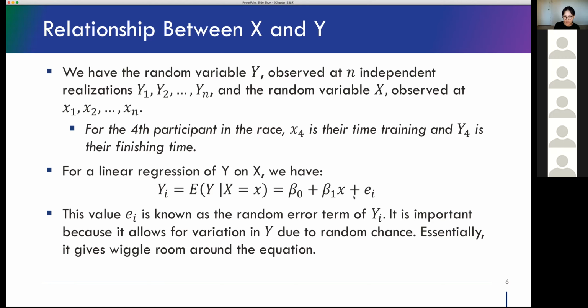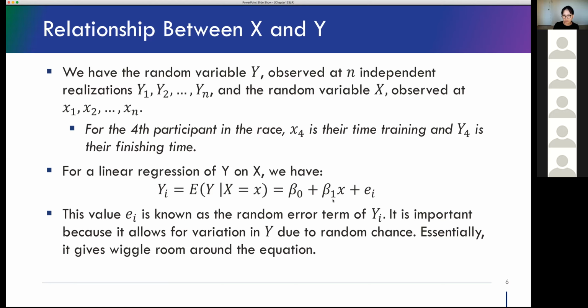So this is a linear function of X. And we have this Ei, which is known as a random error term for Yi. This is important because it gives us some variation in Y due to random chance. Essentially it gives the wiggle room around the equation.